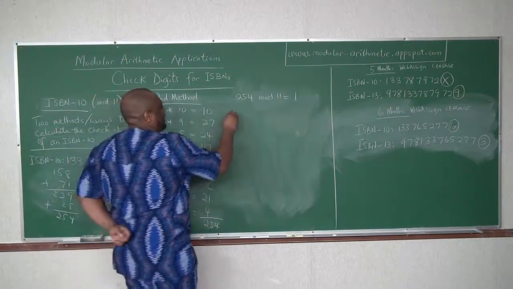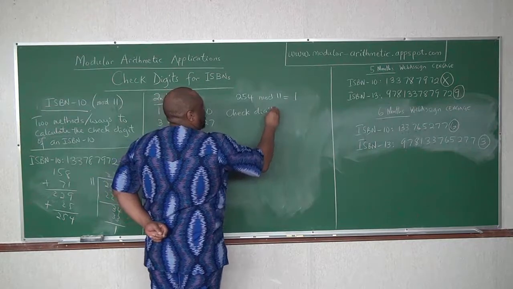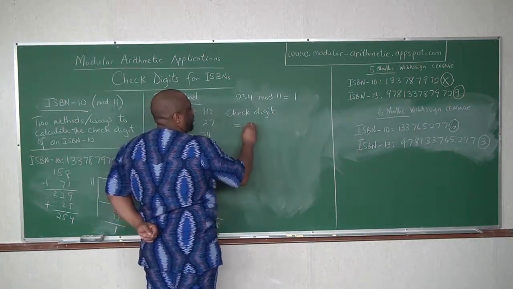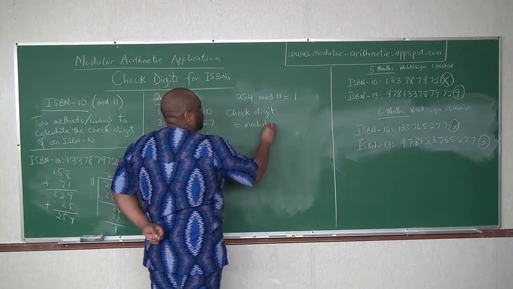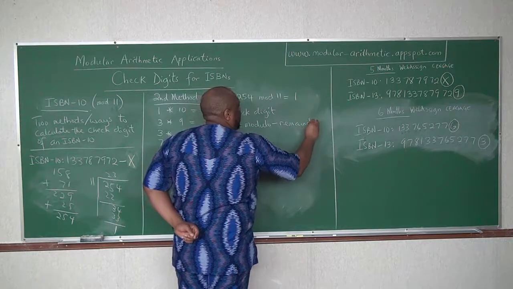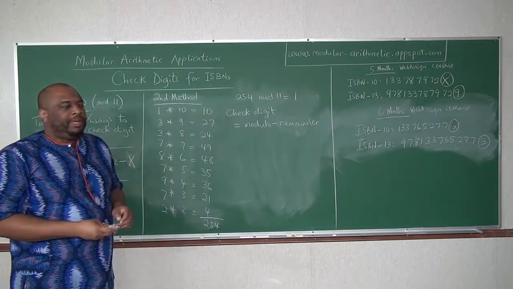So the check digit will be the modulo minus the remainder. Modulo minus remainder.